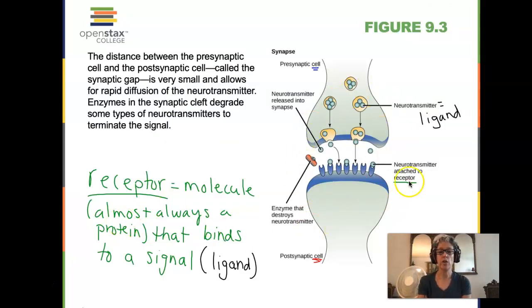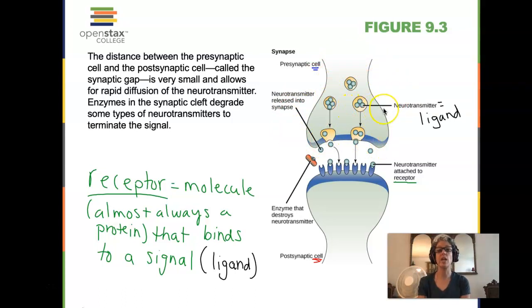This is showing a nerve cell, or 2 nerve cells. There is the presynaptic and the postsynaptic cell. So this space between them is the synapse, right? Before the synapse and after the synapse. This cell is the one that is secreting the signal.